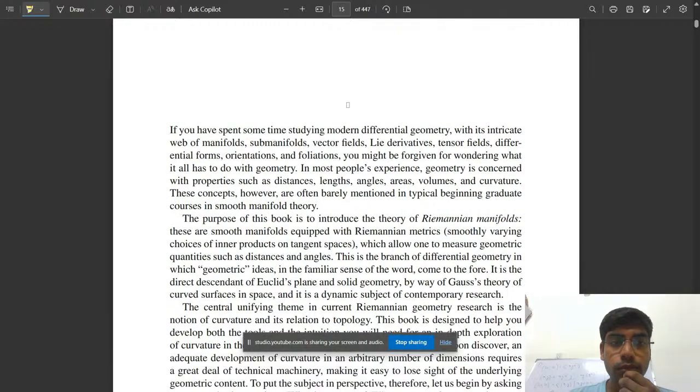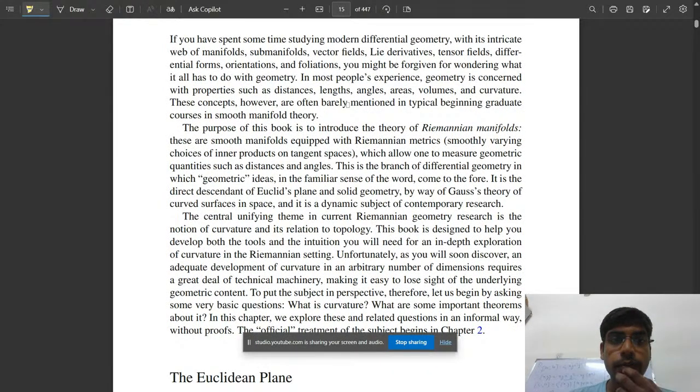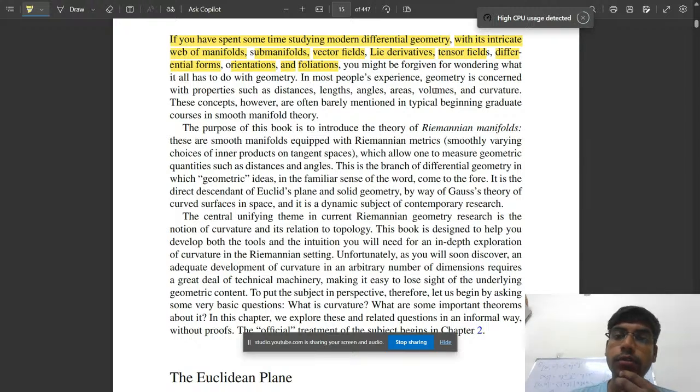So if we have spent some time studying modern differential geometry with its intricate web of manifolds, submanifolds, vector fields, Lie derivatives, tensor fields, differential forms, orientations, and foliations, you might be forgiven for wondering whether it all has to do with geometry.